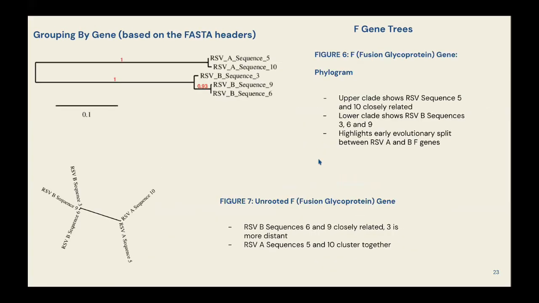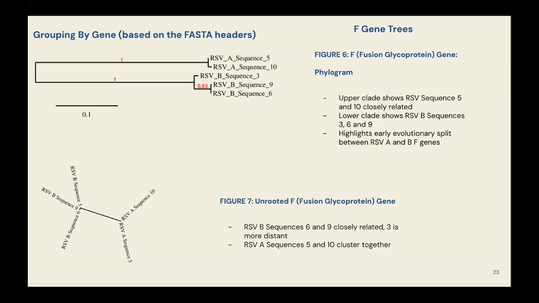For the F gene trees, we can see figure 6 shows the upper clade of RSV sequence 5 and 10 closely related, with the lower clade showing RSVB sequences 3, 6, and 9, which highlights an early evolutionary split between RSVA and B F genes.